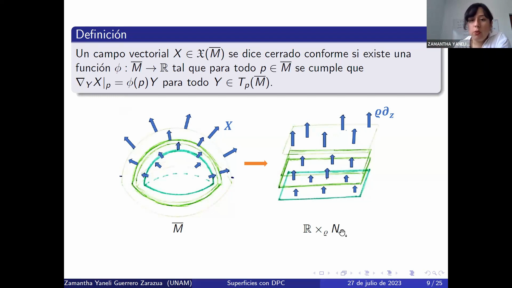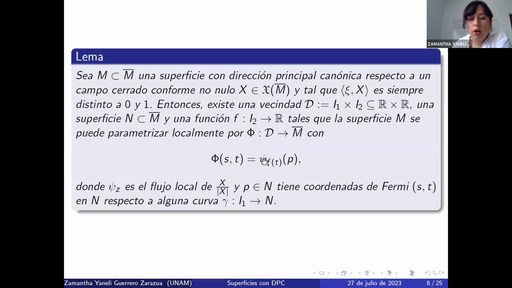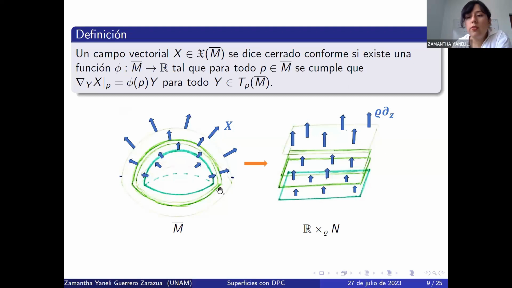So everything we're going to do from now on is going to be here in the warped product. Before, when we said that we would follow along the flow of X, that's equivalent to just following along these vertical directions, the directions tangent to that. Okay, so now it looks just like a normal graph.